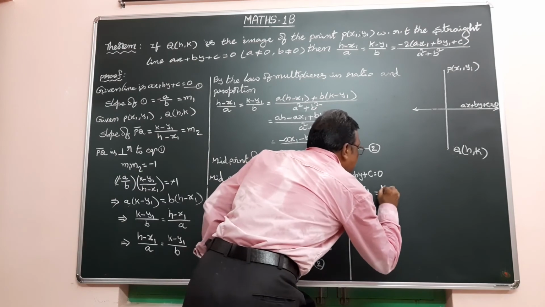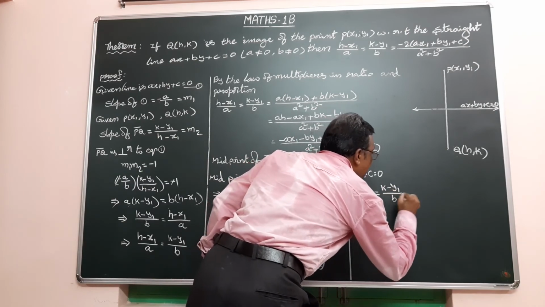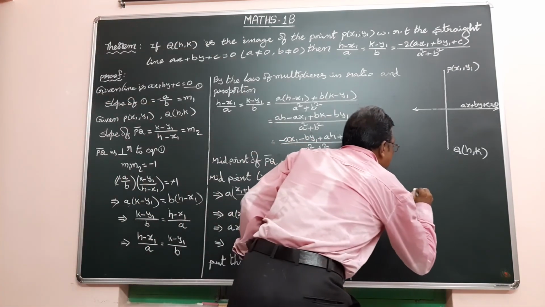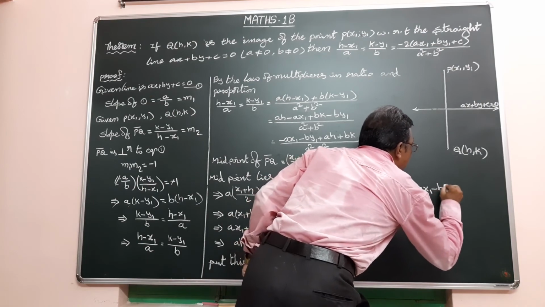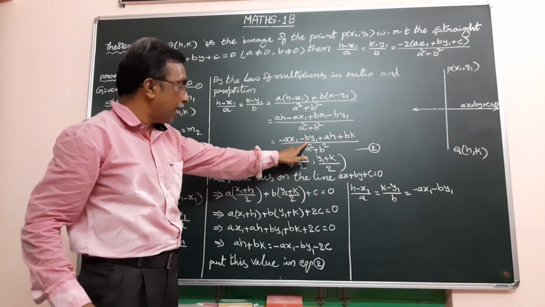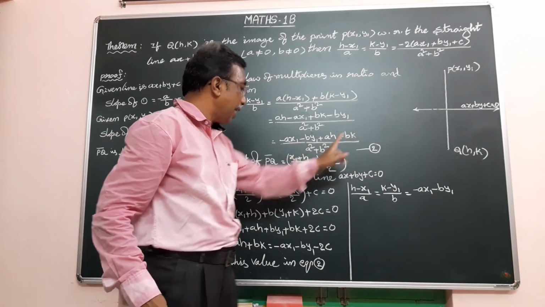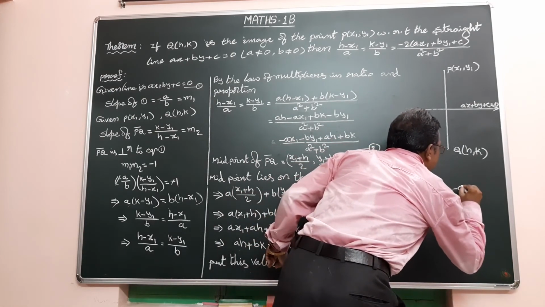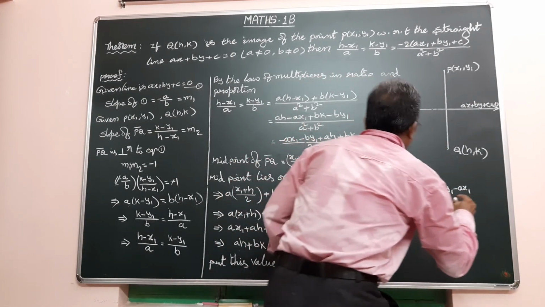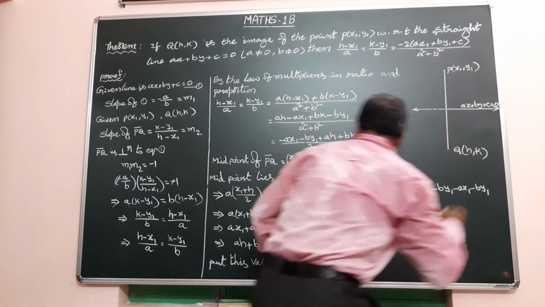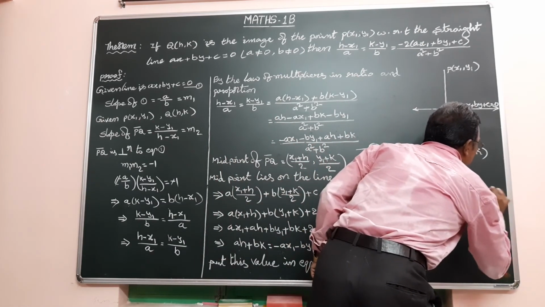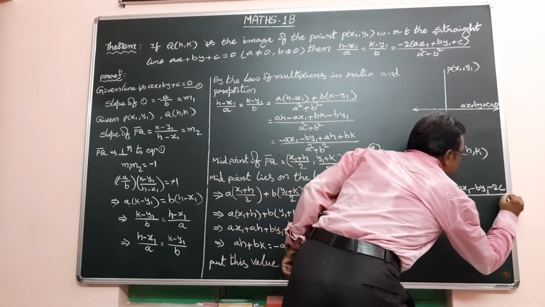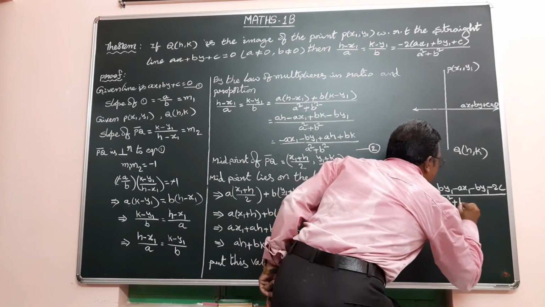K minus y1 by b equal to minus ax1 minus by1 minus ax1 minus by1 ah plus bk. The ah plus bk value is minus ax1 minus by1 minus 2c, by a square plus b square.